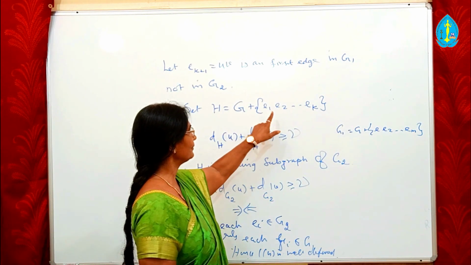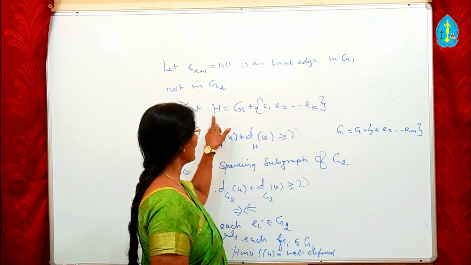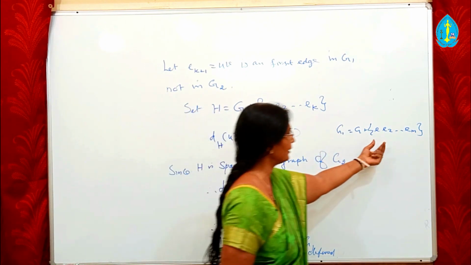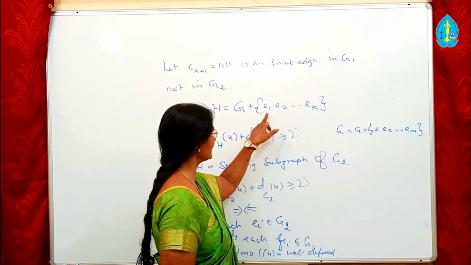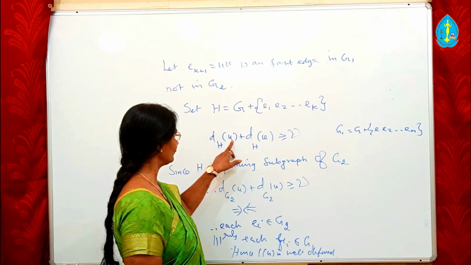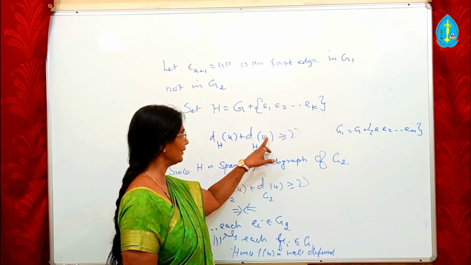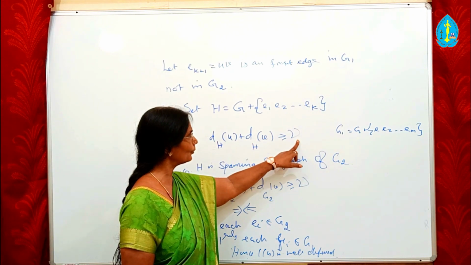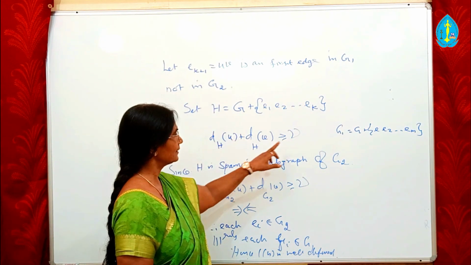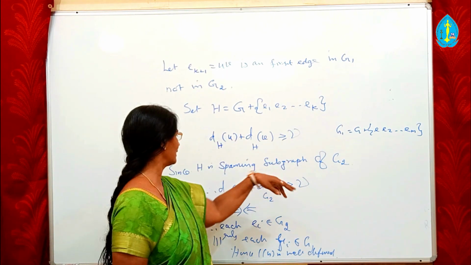Here in H we add some edges from this set E1, E2, etc., Ek. Therefore the degree of U in H plus the degree of V in H is always greater than or equal to gamma. Only then do we add E(k+1) in G1.